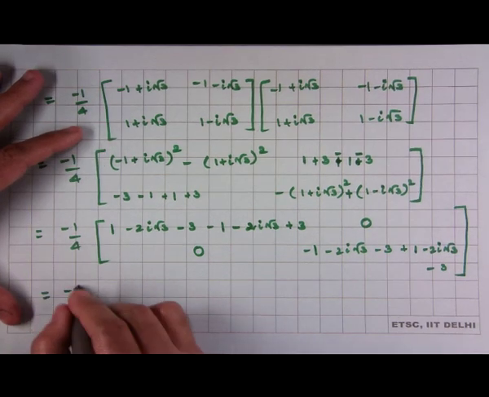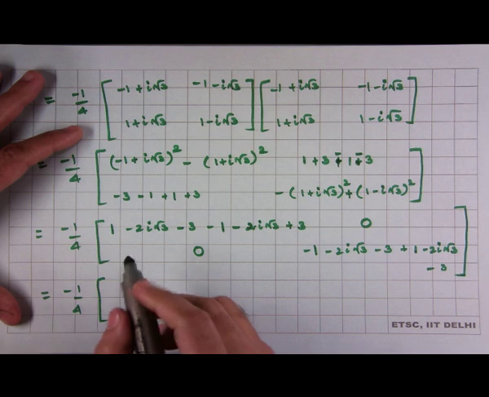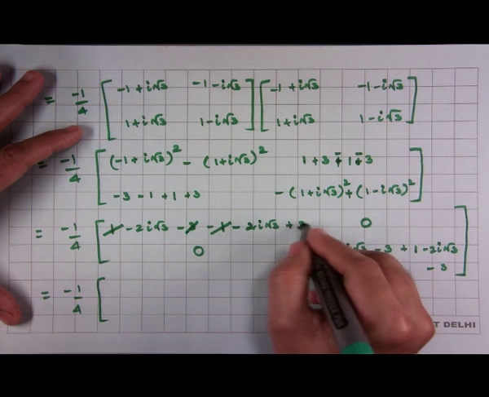which is going to give me minus 1 by 4 into this one, this gets cancelled, this and this gets cancelled.